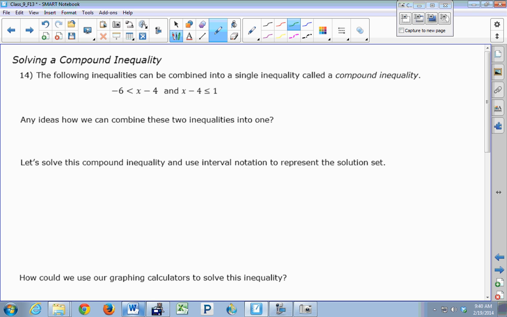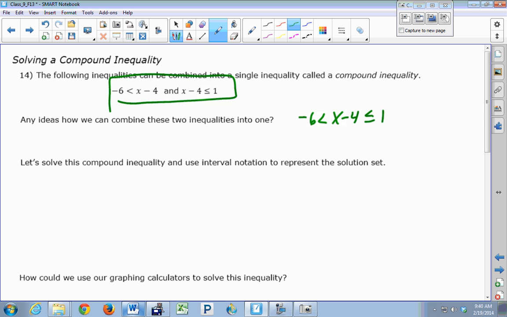What do they have in common? The x minus 4. And what do I put on either side of it? Right, -6 less than x minus 4, and x minus 4 less than or equal to 1.